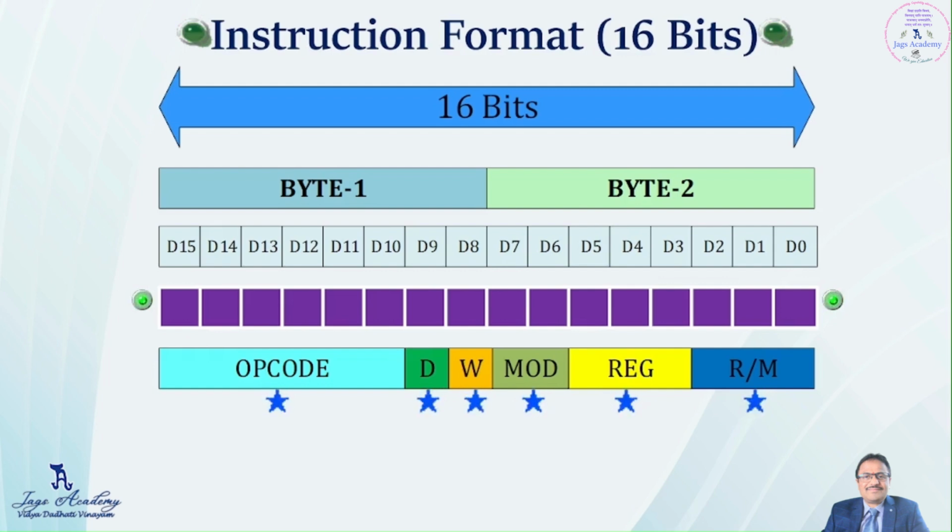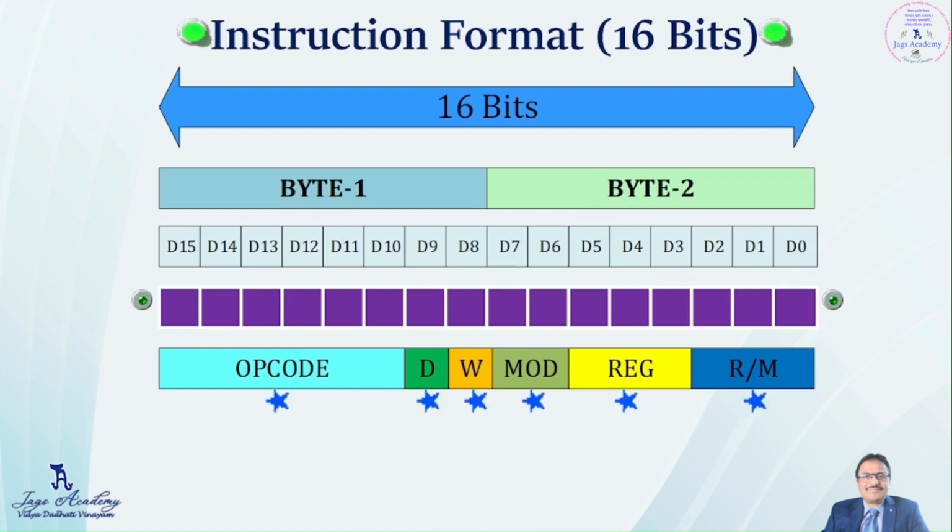Okay. All these instructions, when they reach the microprocessor, will be converted into machine instructions. What are those machine instructions? I have told you earlier. What are the machine instructions? It is all a 0, 1 combination. Right?